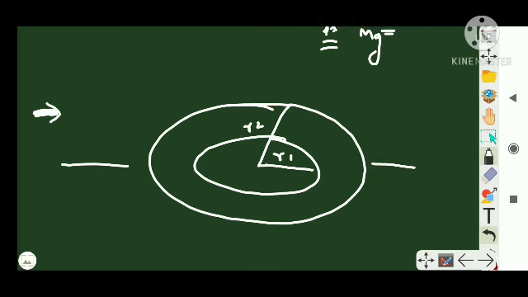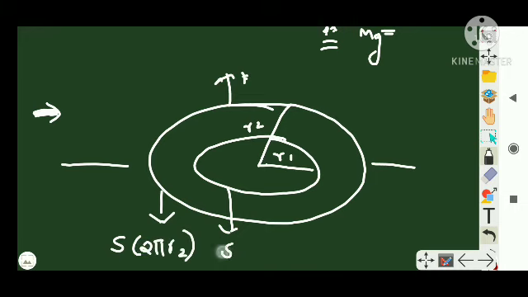So how much force do we have to apply? Just like this, there will be a force upwards. These two surfaces will have their own downward force, which is surface tension into circumference, because it is a circular section. So S into its length, which is its circumference, 2 pi r2.